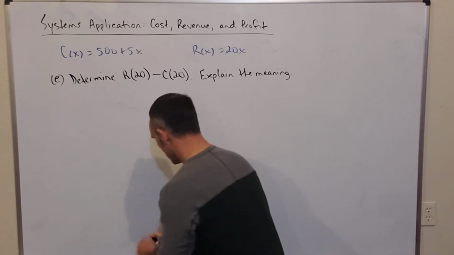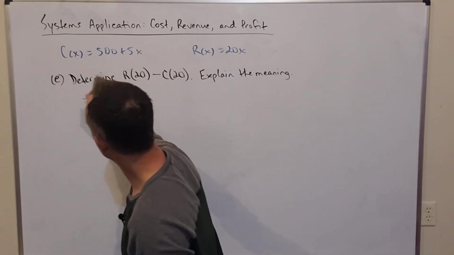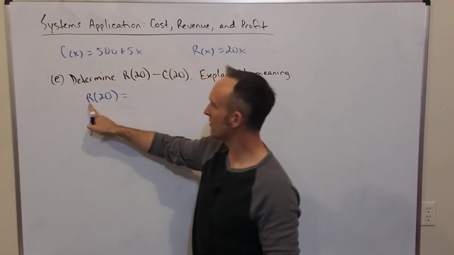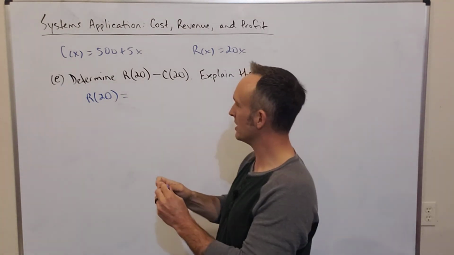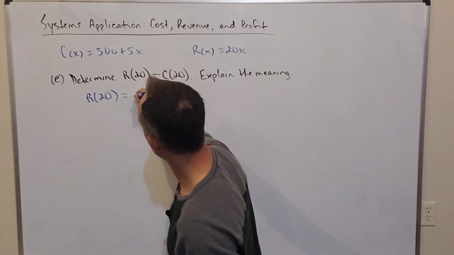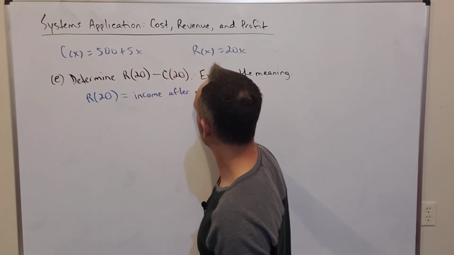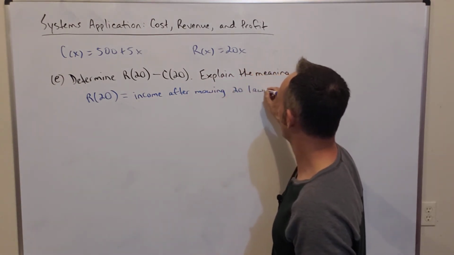So all that's going on here is R of 20. R of 20 is the revenue, his income, he's made at the point where he's mowed 20 lawns. Income after mowing 20 lawns, right?